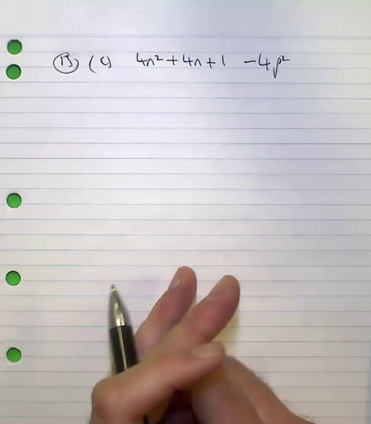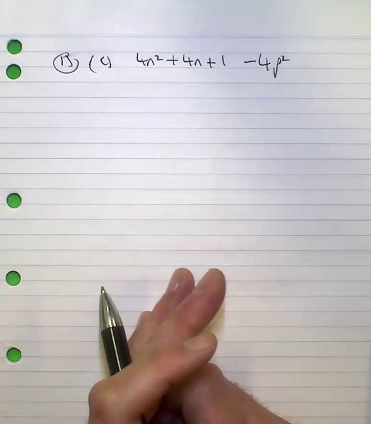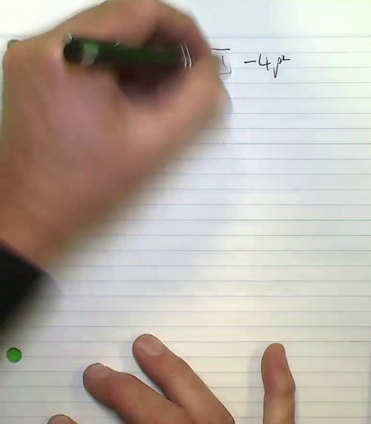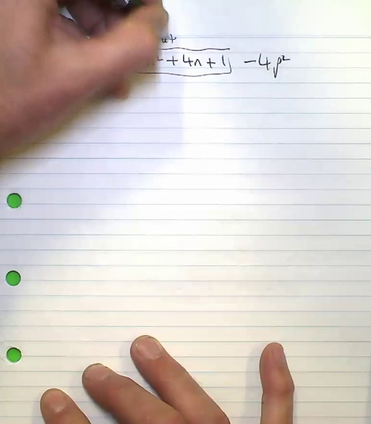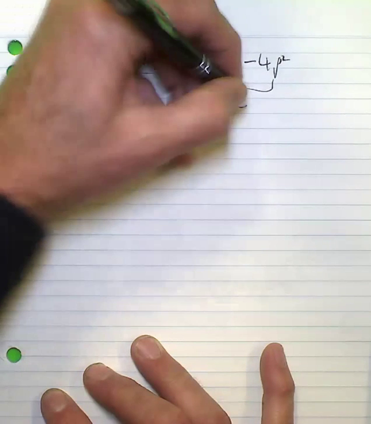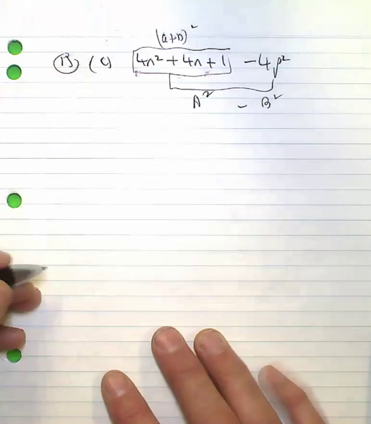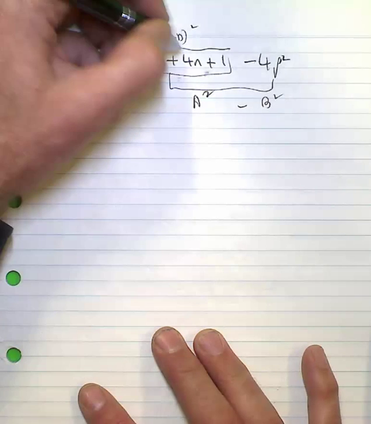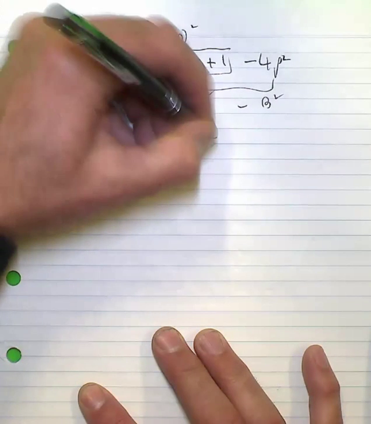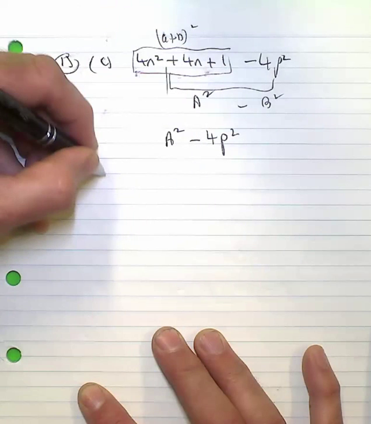Now, the next question's a little nastier because I've got to recognise a perfect square. It takes the form of a plus b all squared. And I've also got, as the whole thing, the difference of two squares. So what I'm going to do, I'm just going to call that a, so it's a perfect square, take 4p squared.